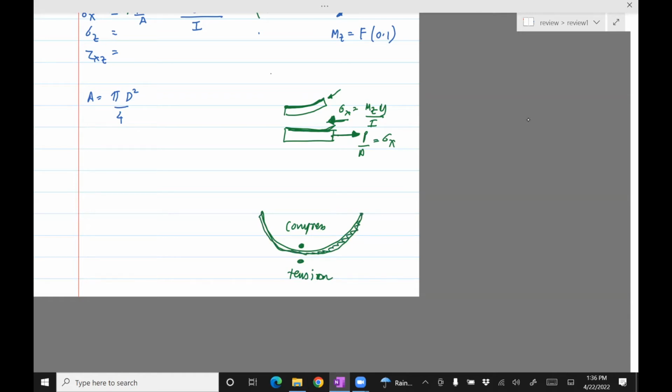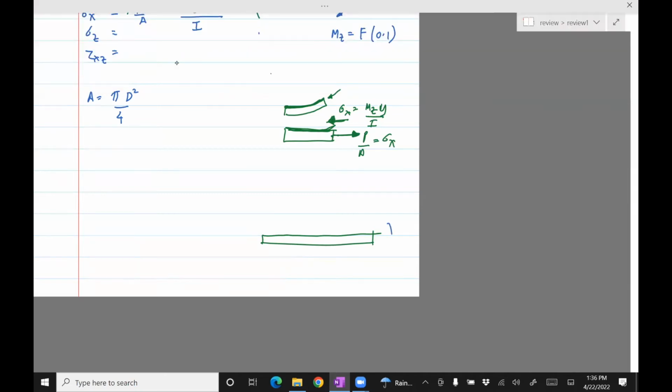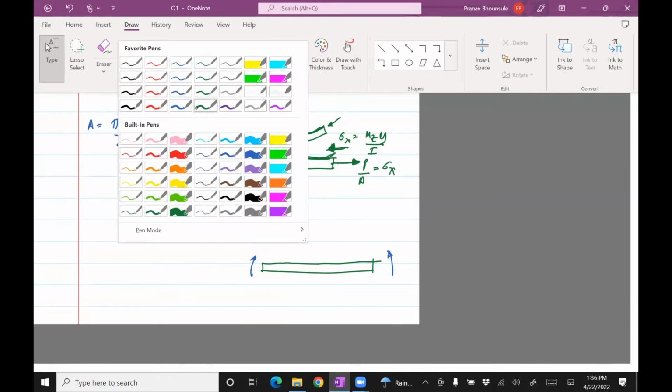And that's to an extent obvious, because if you have a straight beam and you bend it, then the top part is going to decrease in length, the bottom part is going to increase in length. It may be hard to see here, but let's assume that this is the original beam, a thicker one, and now you apply a moment.